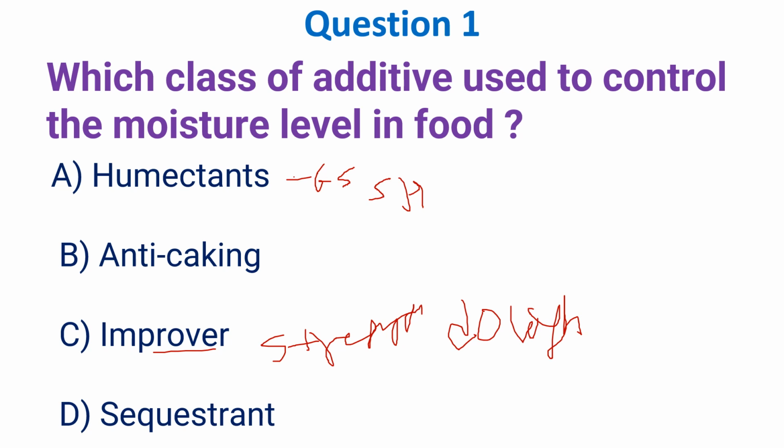Examples of sequestrants are EDTA, sodium metabisulfite, and citric acid. The answer to this question is A, humectants, which control the moisture of food.